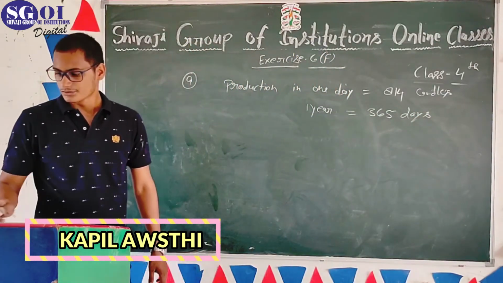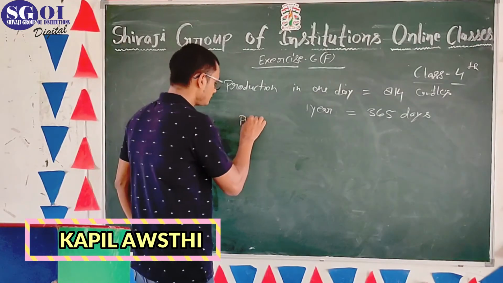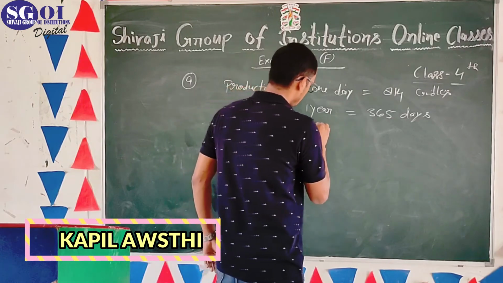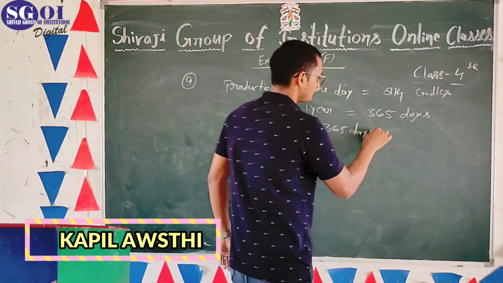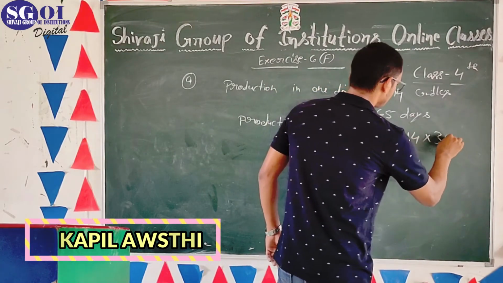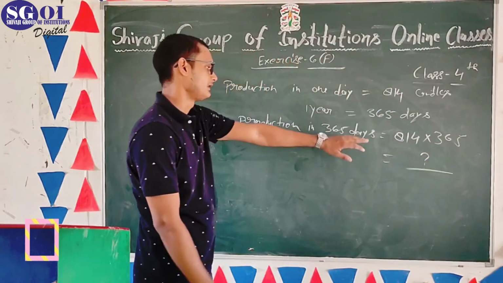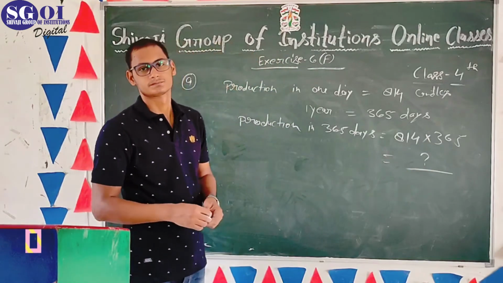So the production in 365 days is equal to 814 multiplied by 365. Multiply it and get the answer.